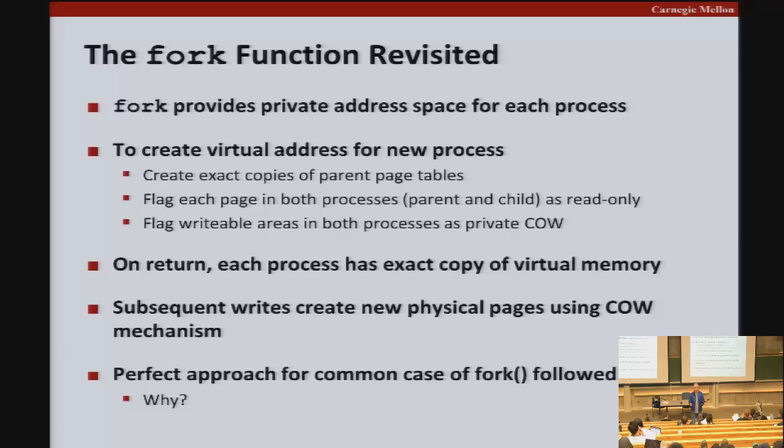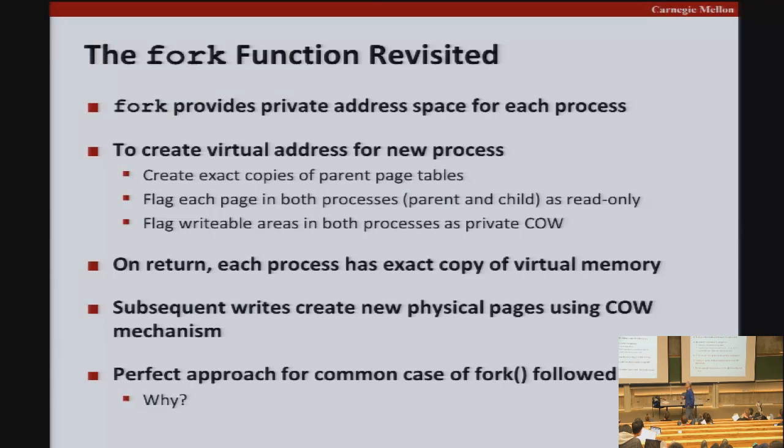So it could be I have 100 megabytes or a gigabyte, but I only had to copy a few sets of pages. So I really saved on how much I had to copy. In fact, if you think about the hierarchical nature of a multi-level page table, I might only have to set 1 or 2 page table entries to read-only, because all of their children will then be automatically marked as read-only.